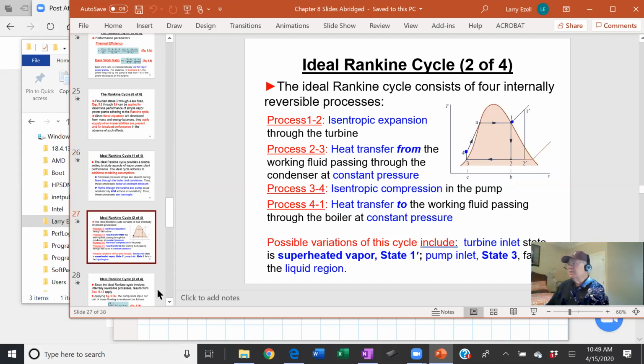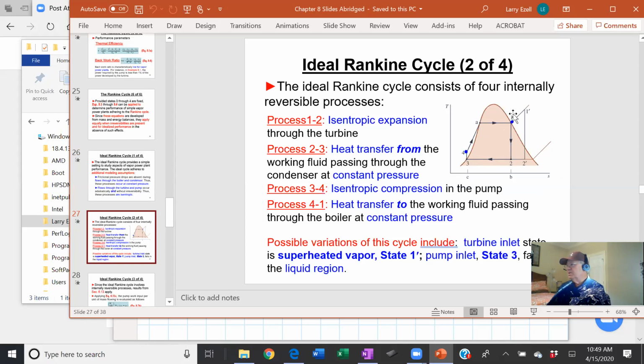Okay, here's the cycle, the process. Now the ideal Carnot cycle is this cycle here, where you heat to saturated vapor, go down to a mixture here at the low pressure, go through the condenser, and come out saturated liquid.